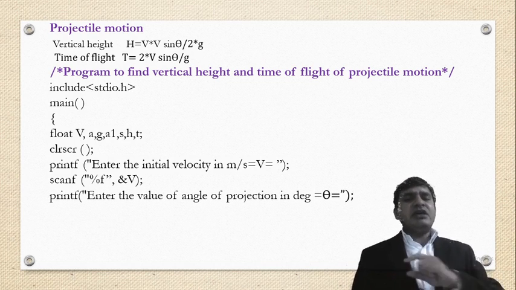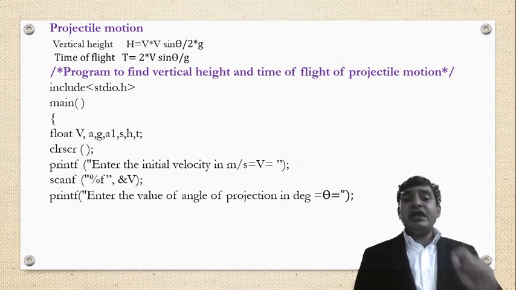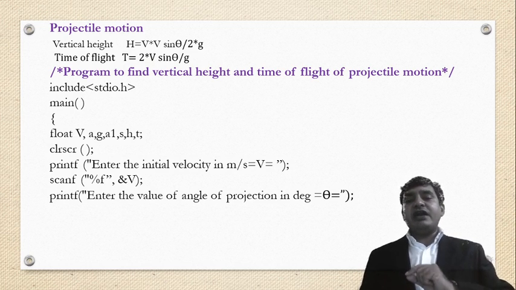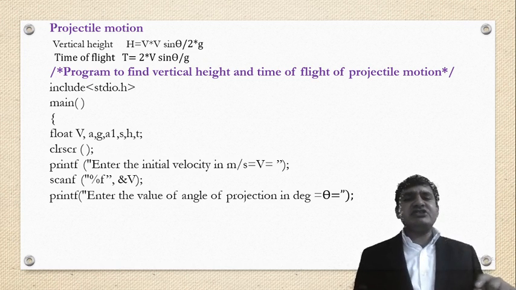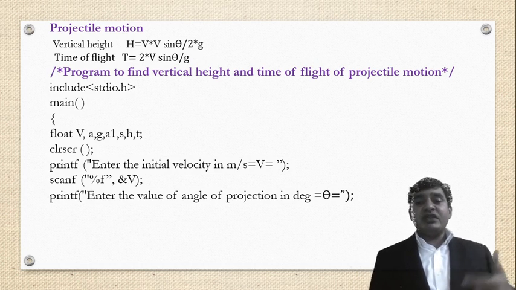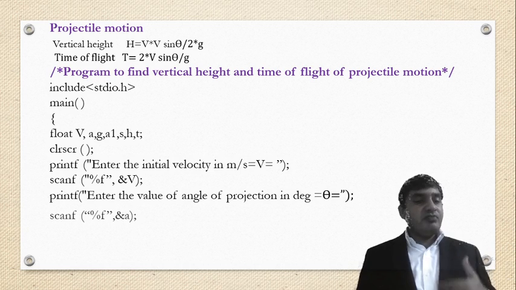Now the second message is displayed on the screen by using the printf function, that is the output function: enter the value of angle of projection in degree, which is equal to theta. This message is displayed on the screen. Now we have to enter the angle of projection.